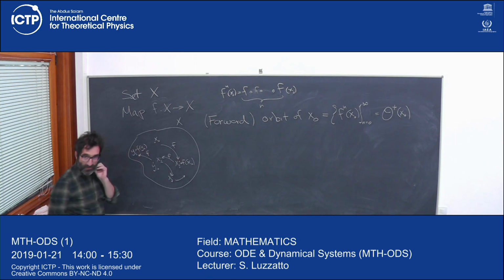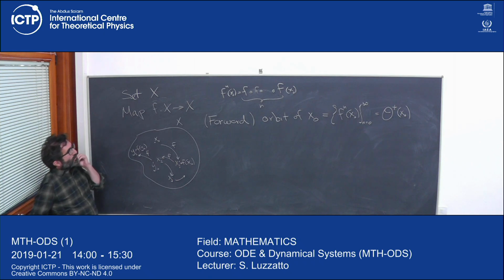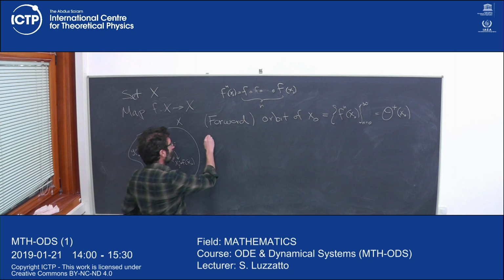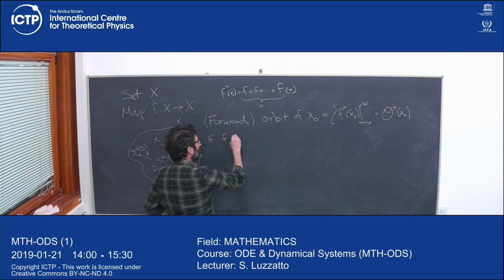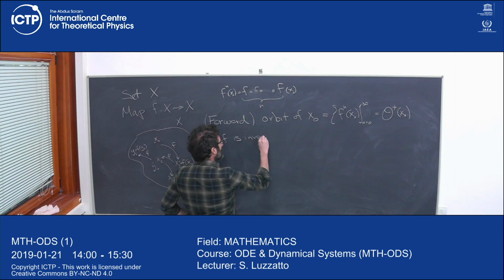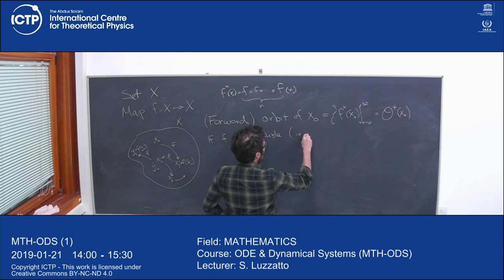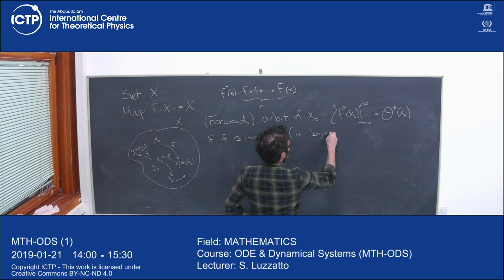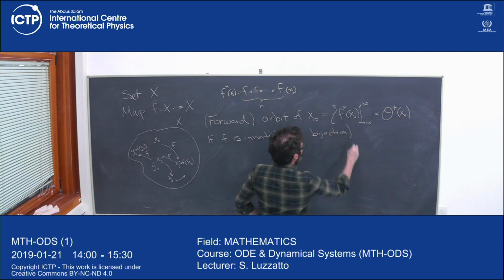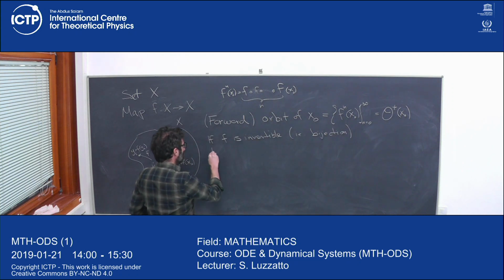Now, if f is invertible, that's a very good question, thank you. So if f is invertible, then we have the map. So if f is invertible, invertible means it's a bijection. Then f^-1 is defined.